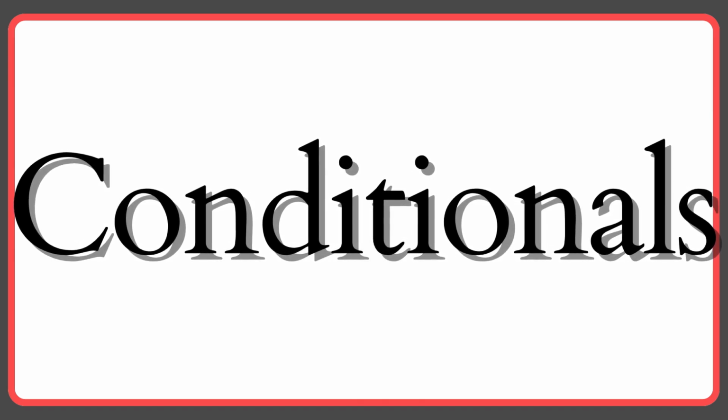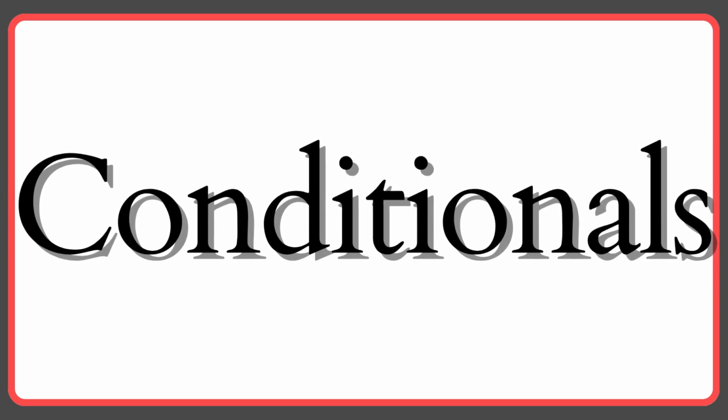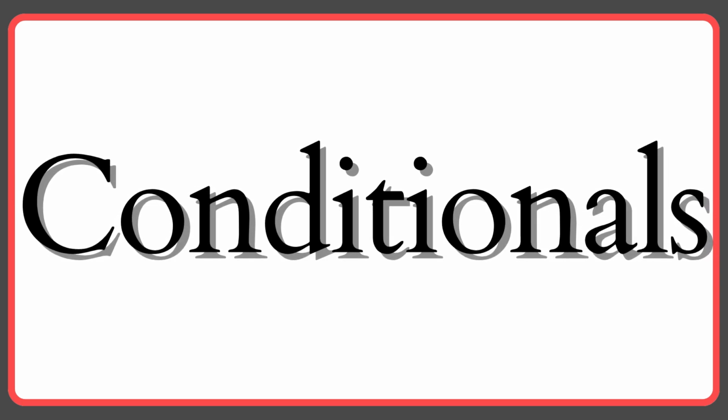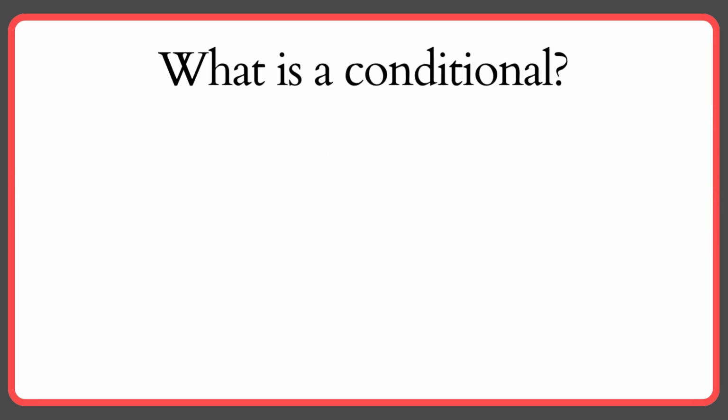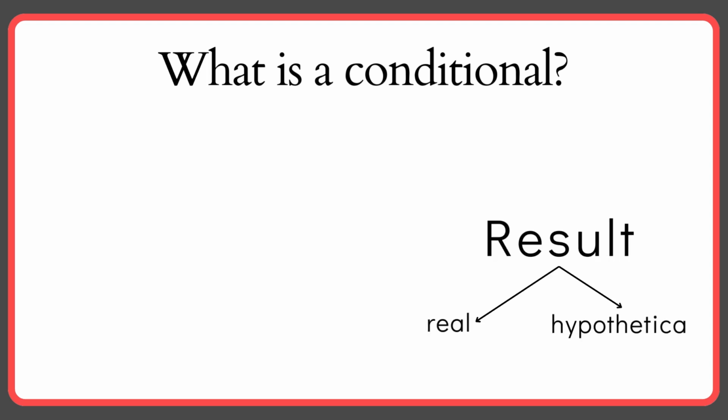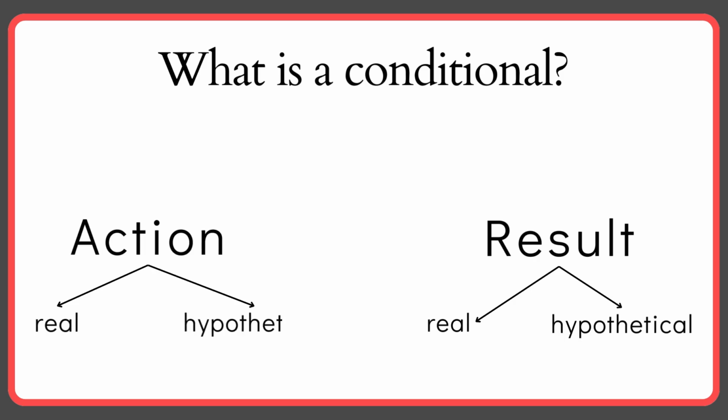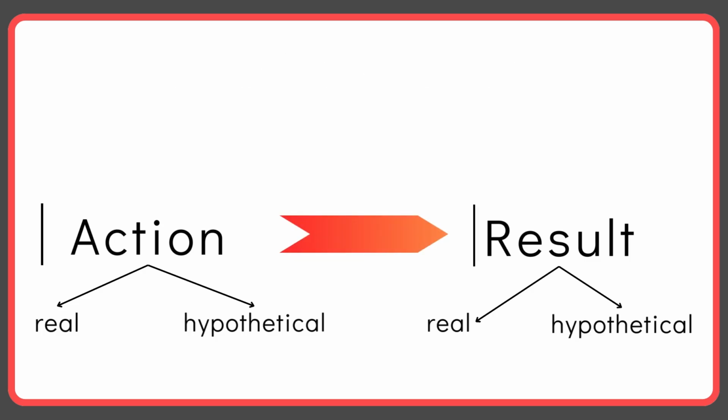The sentences you just heard were all examples of conditionals, which is the topic of today's video. Conditional sentences talk about real or hypothetical results of real or hypothetical actions, also known as conditions. So the condition leads to the result.